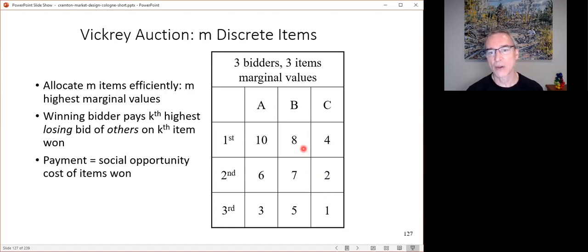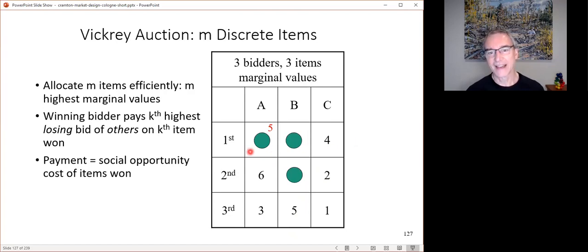Now we already awarded bidder B 2 items, so those are gone. But now we look at the next highest, which in this case is going to be 5. And so bidder A is going to pay 5 for that item.